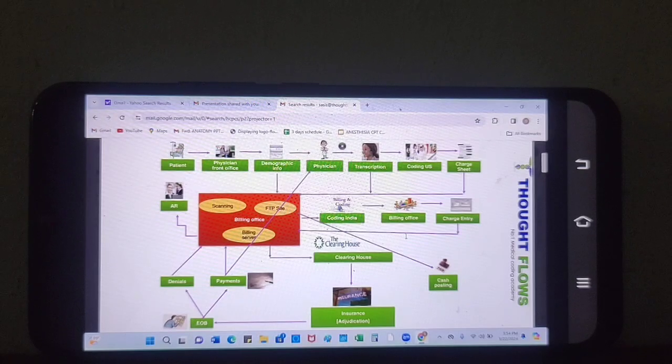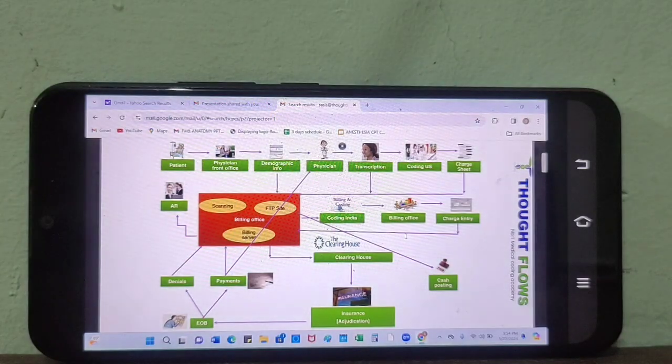And once the claim has reached the insurance company, they start the process of adjudication. Adjudication is nothing but verifying the document. They verify the CPT code, ICD codes, HCPCS code, modifiers, and whether the service comes under the coverage or not.